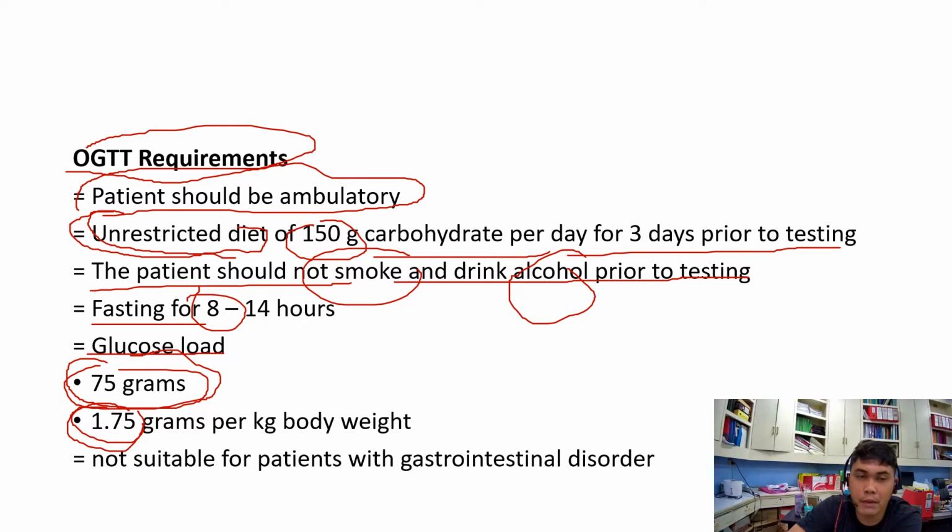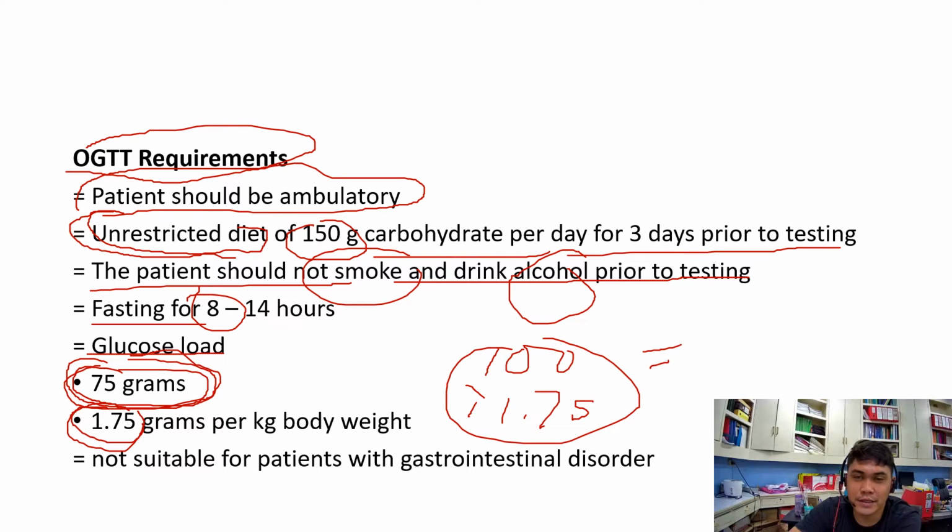But you should not exceed the 75 grams glucose load. For example, if the weight of the patient is 100 kilos times 1.75, the result is 175 grams. You should not exceed the standard glucose load, which is 75 grams.